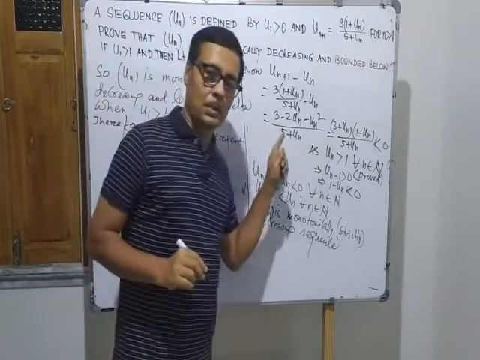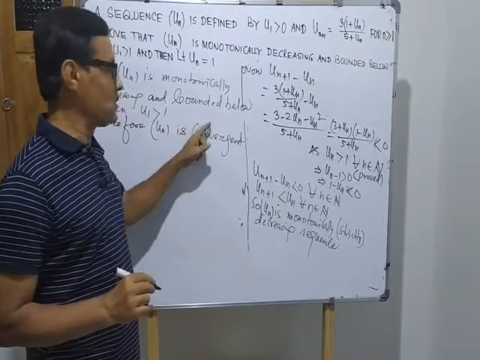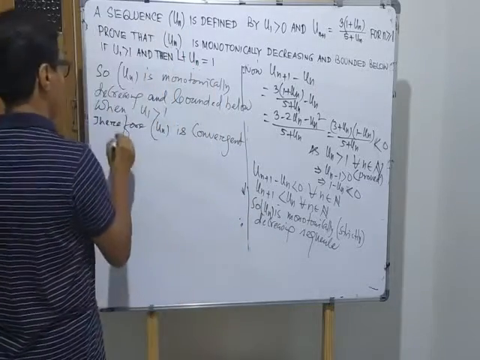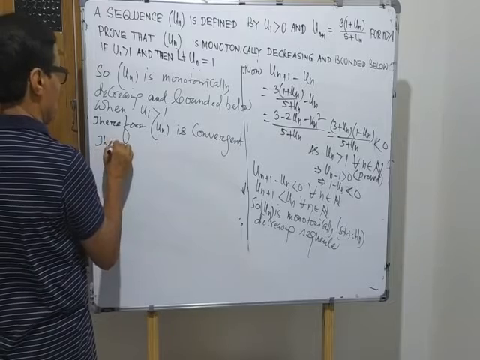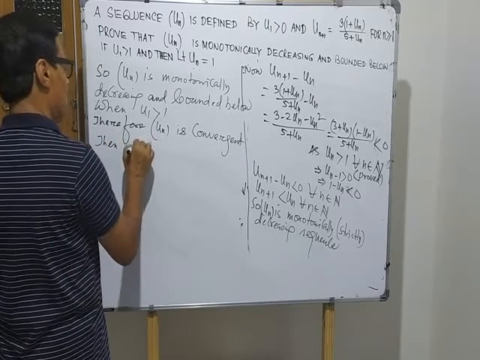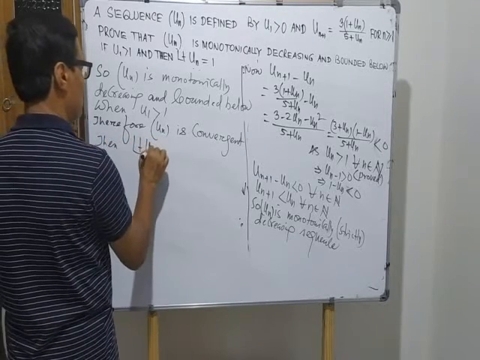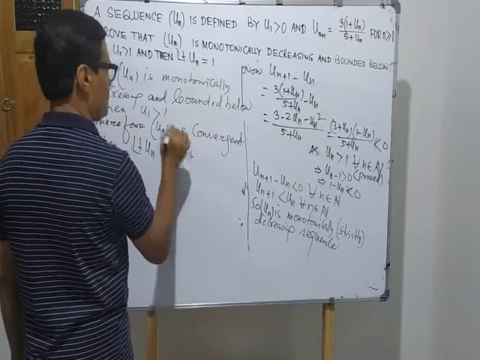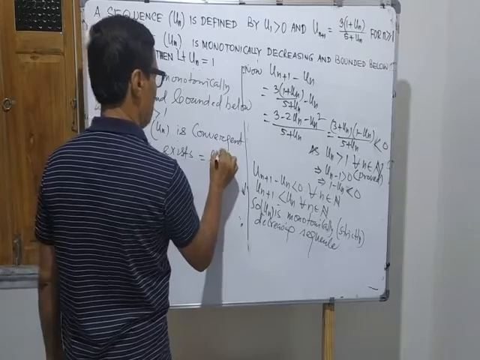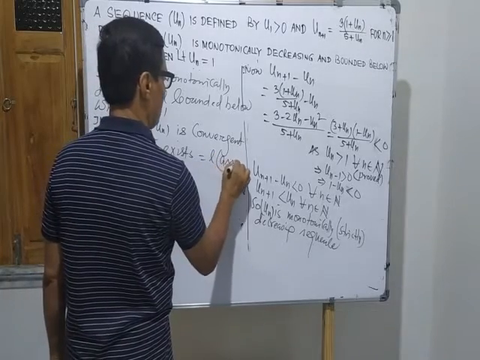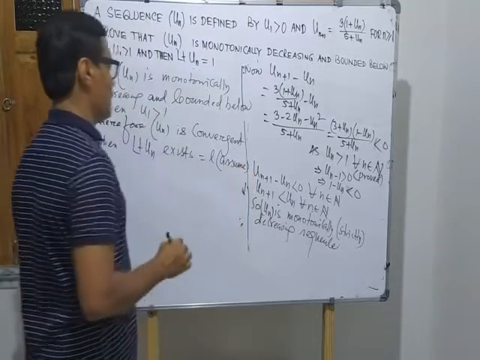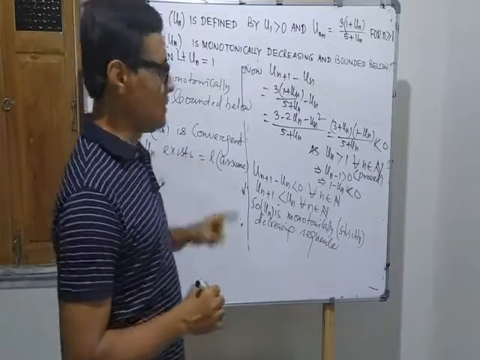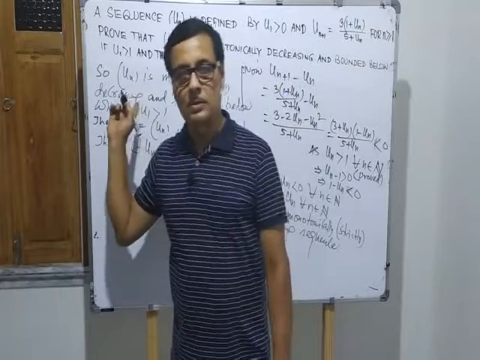When a sequence is convergent, then this sequence has a limit. Then limit un exists. Suppose it is L. We can assume the limit as L because limit un exists, because the sequence is convergent.